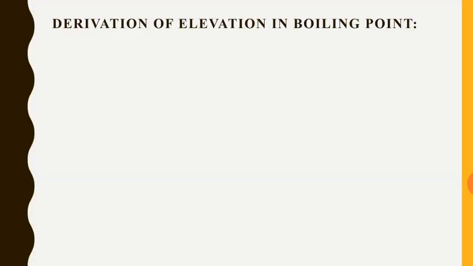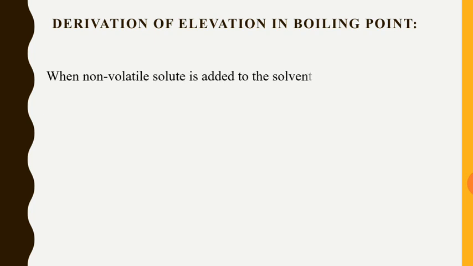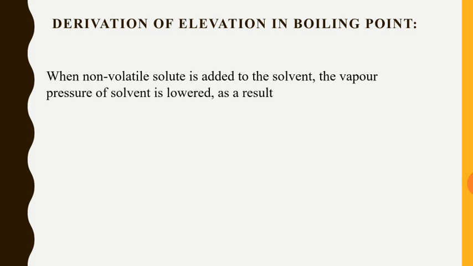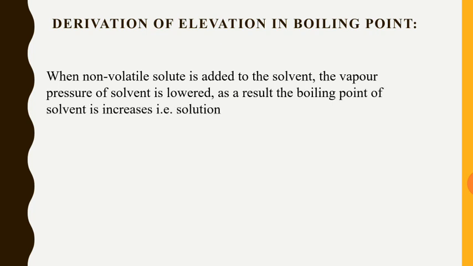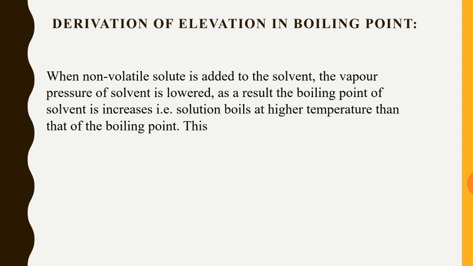Now see the derivation of elevation in boiling point. When a non-volatile solute is added to the solvent, the vapor pressure of the solvent is lowered. As a result, the boiling point of the solvent increases, that is, the solution boils at a higher temperature than the boiling point of the pure solvent.